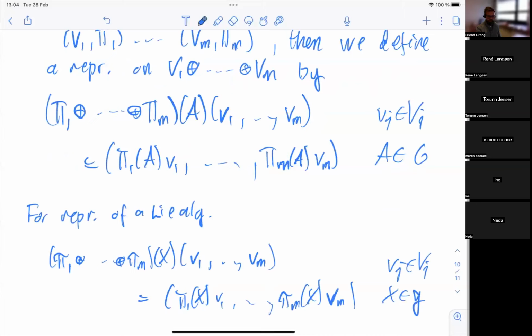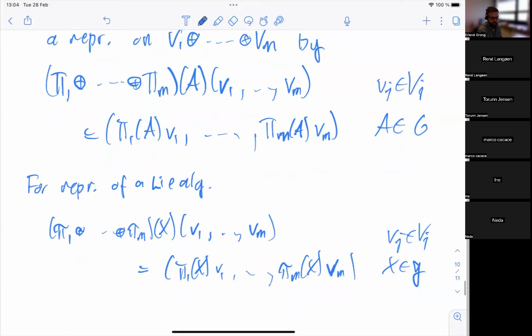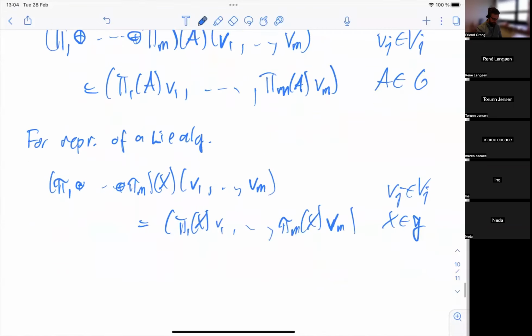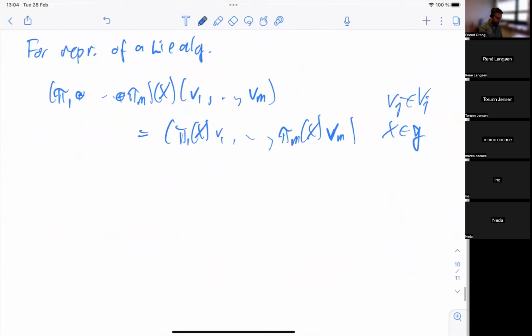So this one is exactly the same way of generalizing it as for the Lie group and the Lie algebra, and then it will be your exercise to show that, okay, if you start off with all of these associated, then in the end you get something associated when you take the direct sum.